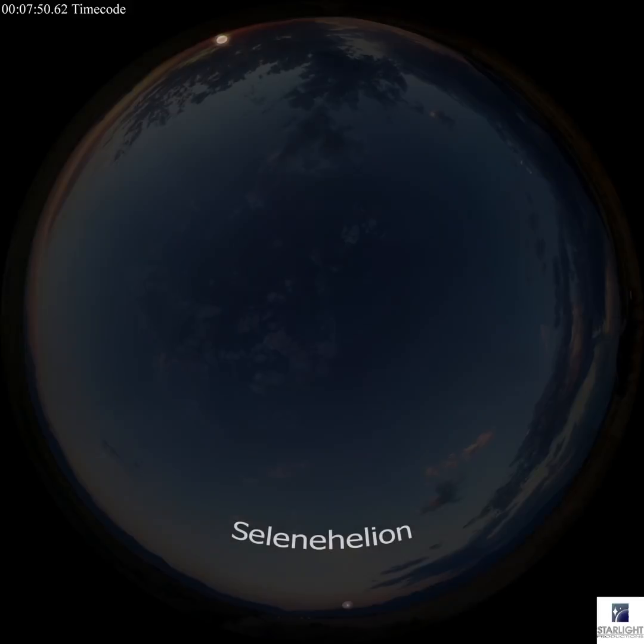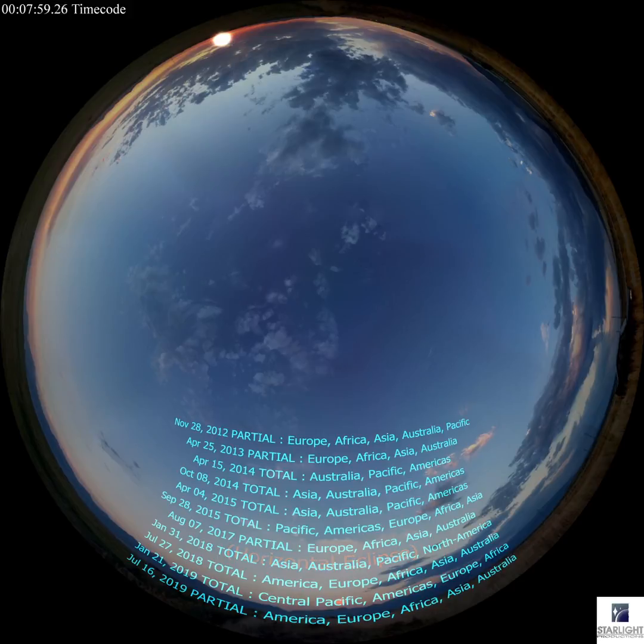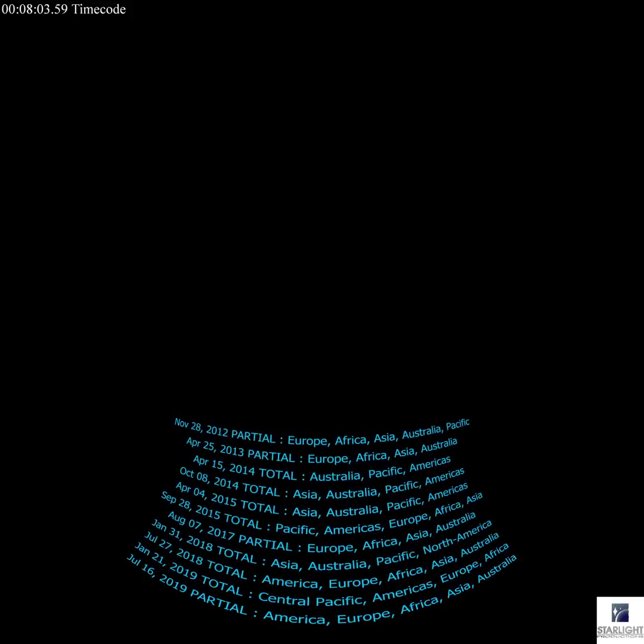This is called selenelion, also known as a horizontal eclipse. Lunar eclipses are not necessarily more common or more rare than solar eclipses. It's just that essentially half the planet can experience a lunar eclipse. There are lunar eclipses about every year. You just have to be on the right side of the planet to see them.